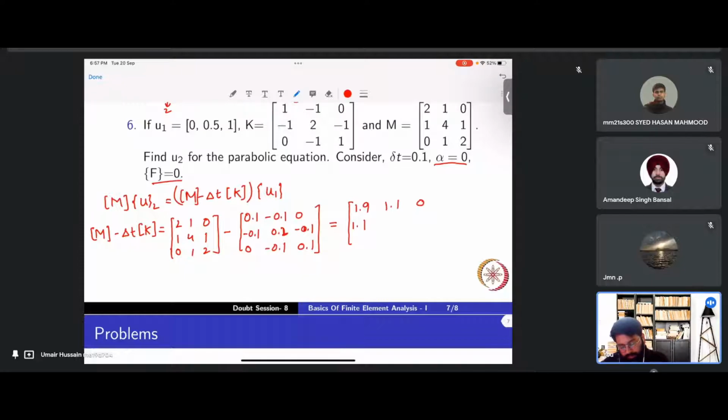Yeah, 4 minus 0.2 is 3.8. Then we have 1 plus 1.1. Here also we have 1.1. Here will be 0. And this should be 0.9 again.